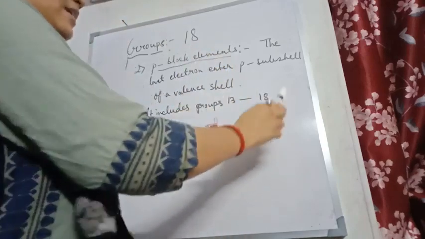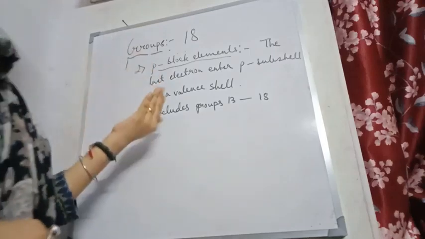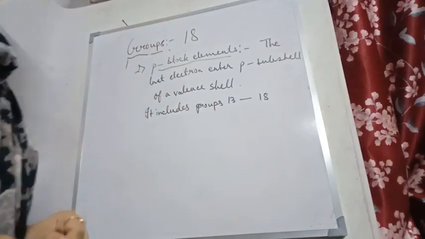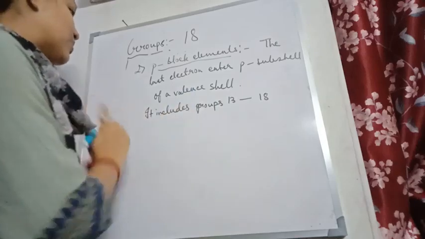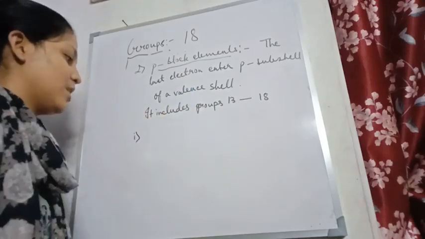In s block we have only two groups, 1 and 2. Now the general properties of p block.